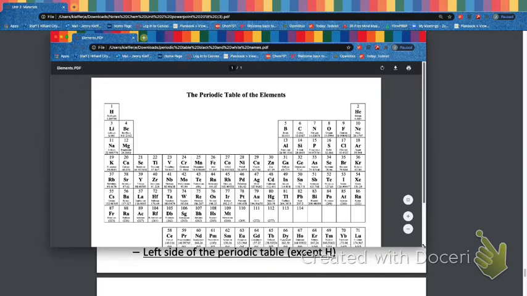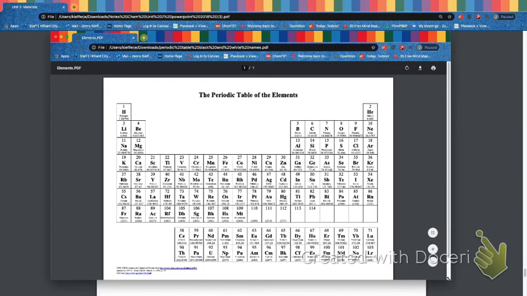And if you look at our periodic table up on the wall here, you'll notice there's one little difference, and that's that there's a dark black line. Okay, so the dark black line is right along here. And we kind of think of that as our dividing line in our periodic table.